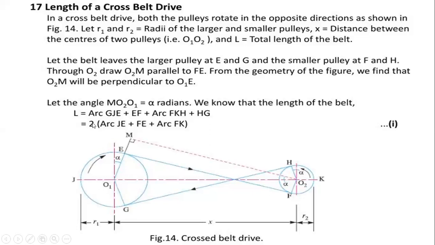Then the final equation will be 2 into arc of JE plus FE plus arc of FK. So from the diagram, you need to find those values.